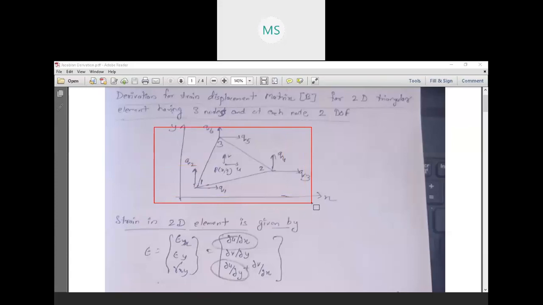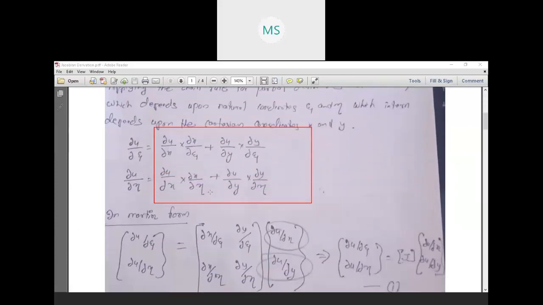The Cartesian coordinate depends upon axes x and y, whereas the natural coordinate, if you remember, depends upon eta and zeta. So if we write the relation between eta and zeta and x and y, we are going to get ultimately the strain. So how are we going to do it? We are going to apply the chain rule. And what is the chain rule? Del u by del zeta, sorry, eta, and del u by del eta. How can we write it? You can see here.